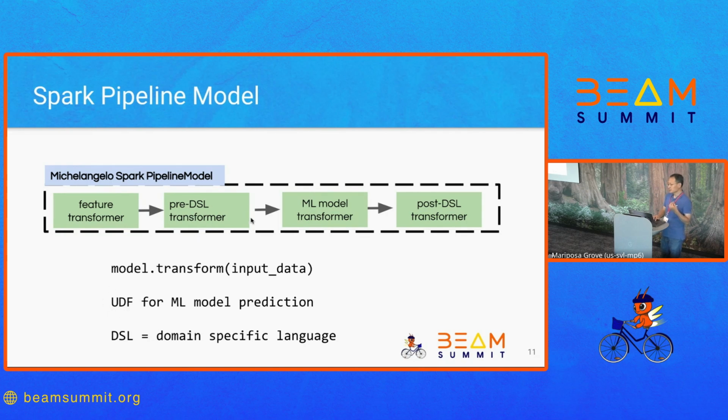With the pre- and post-processing, we put in a DSL transformer. DSL is domain-specific language, basically for some data transform processing. Then the whole thing becomes a pipeline. So for batch prediction, we just do a model transform. The model here is basically the big Spark pipeline model.